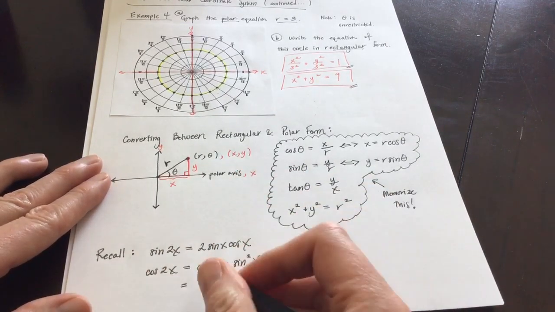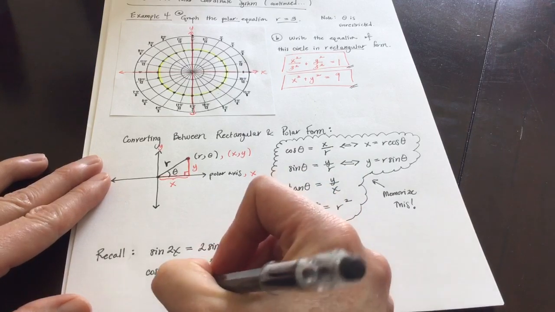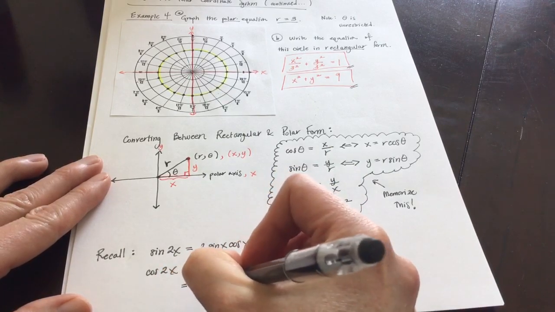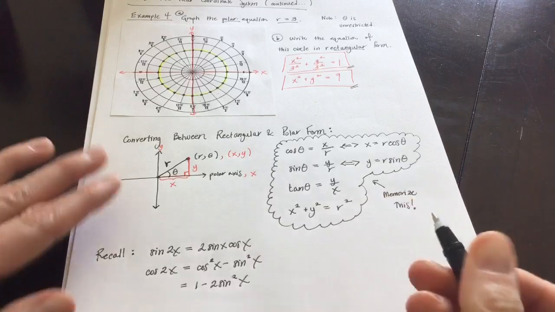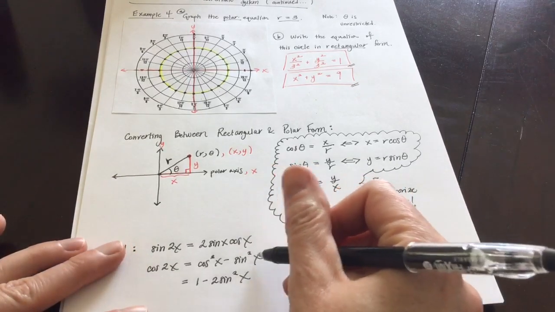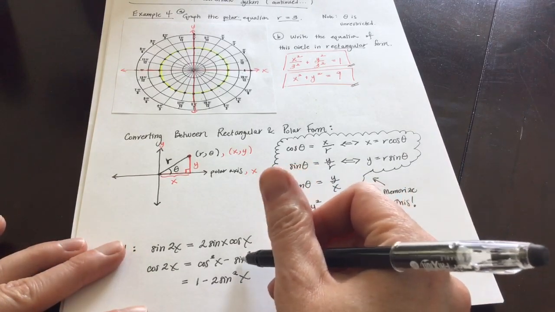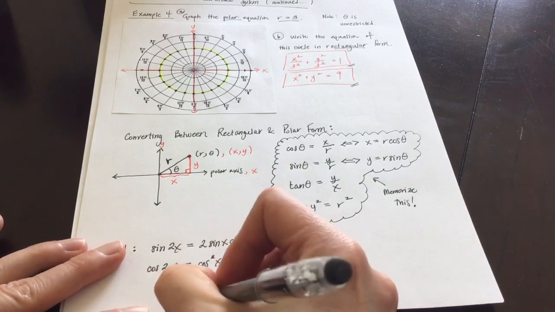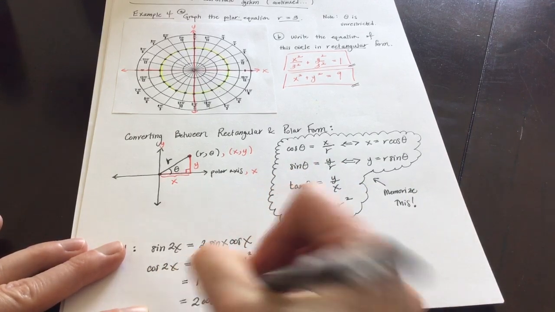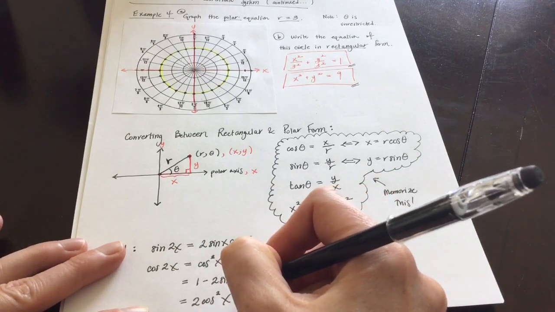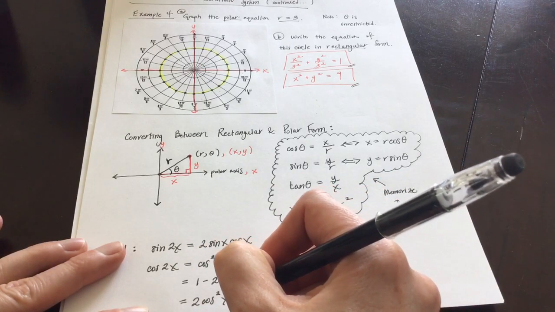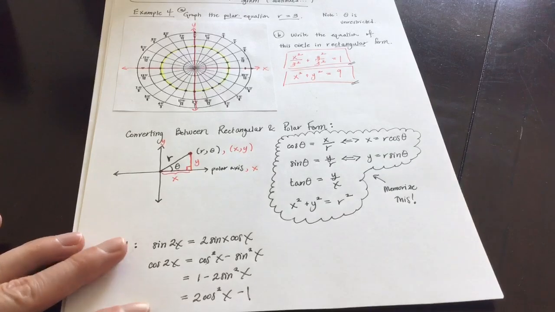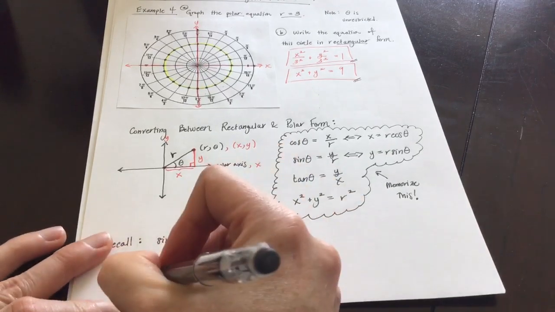So you could swap 1 minus sine squared out for the cosine squared. You'd end up with that after you combine like terms. You could also swap out 1 minus cosine squared out for the sine squared up here, and you'd end up with, let's see, minus 1. There we go. Okay.